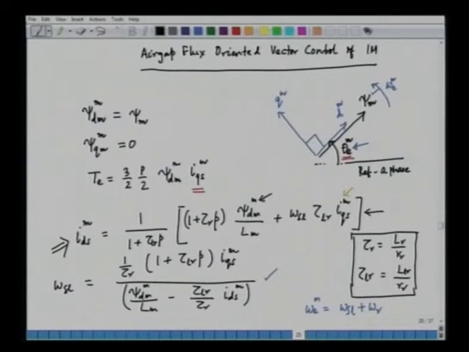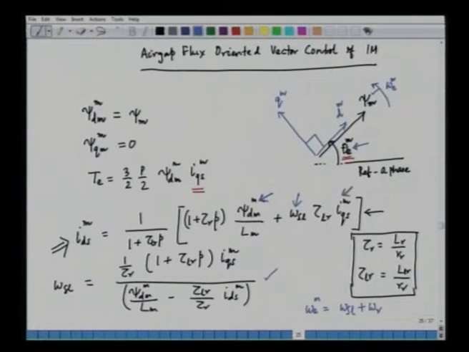This has to be kept constant, and IDSM becomes a function of psi dm, which is this quantity, and then omega SL, the slip speed, and of course IQSM, the torque component of current.